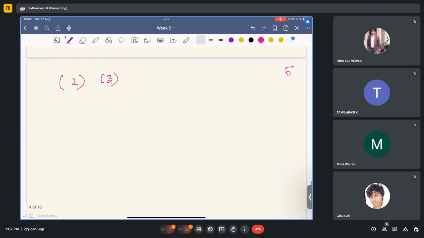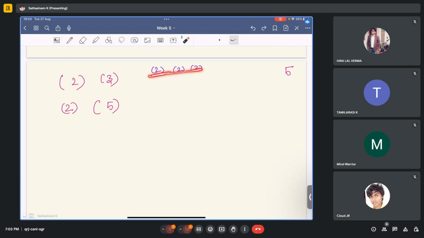Now let's look at the other possibilities. I can put a 5 cycle here, using the 5 remaining elements. To repeat, there can be 2, 2, 3, 1, which is also possible.